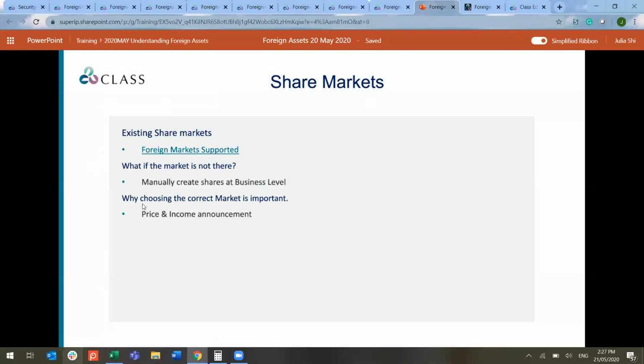The other thing is why we have to choose the correct market, and why it is important. A lot of the time we have clients sending us requests saying, I've got this price on this third-party website and it's so different from what's showing in Class. What happened? Most of the time, when we go in, we find the actual market in Class was selected incorrectly.